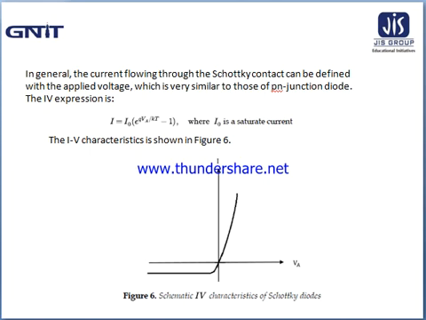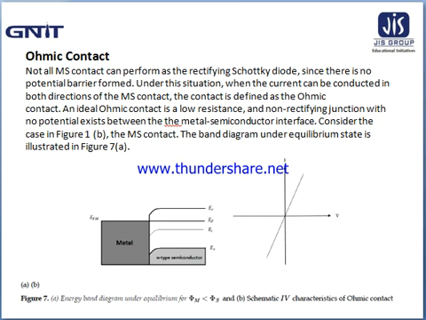That results in a small saturation current, I equal to minus I0, and this is the IV characteristic of a Schottky diode. Now, next is what is an ohmic contact.